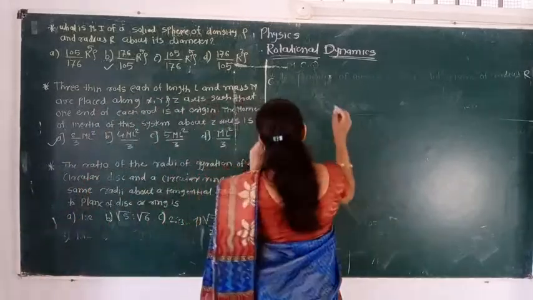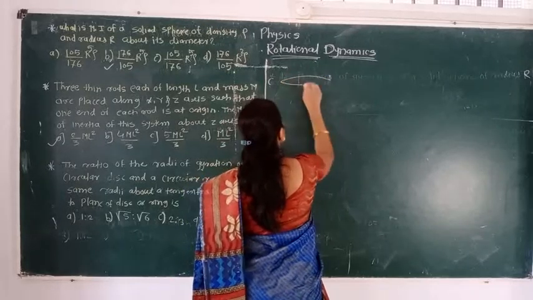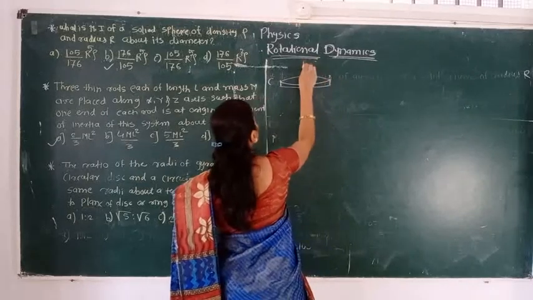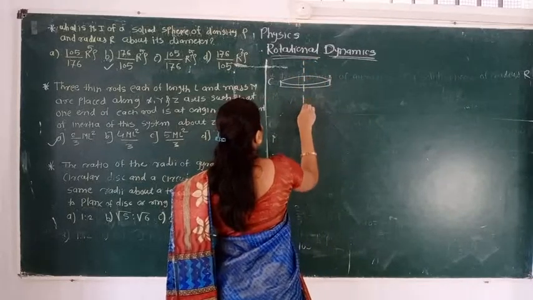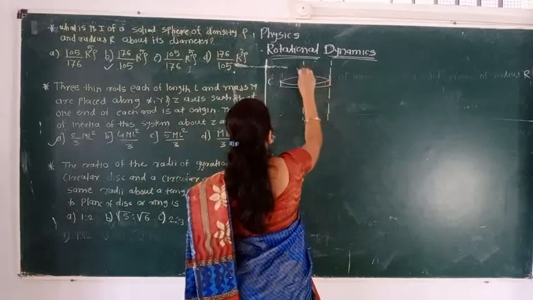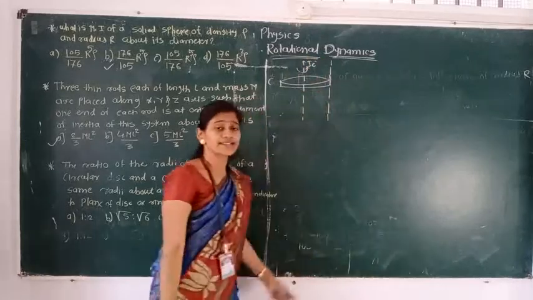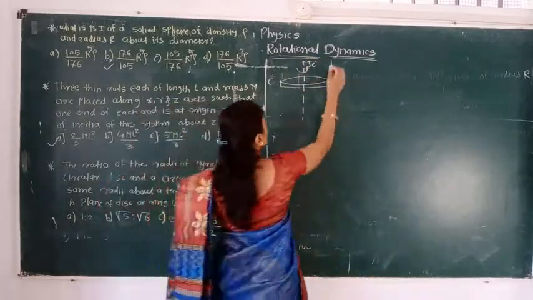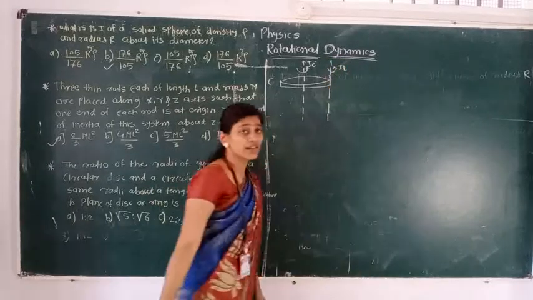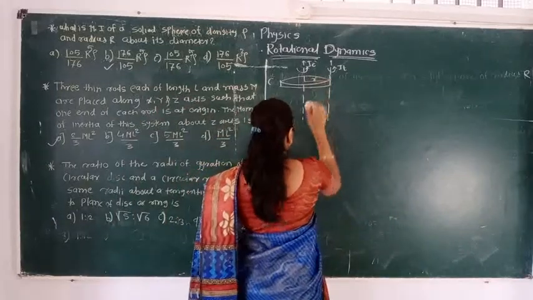Let me first draw the disc and the ring. Here it is a disc. Here the moment of inertia of a disc about an axis passing through the center, and here the moment of inertia of a disc about an axis passing through the tangent. Here R is present there, R.